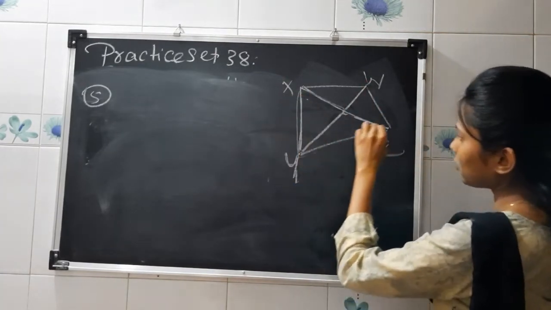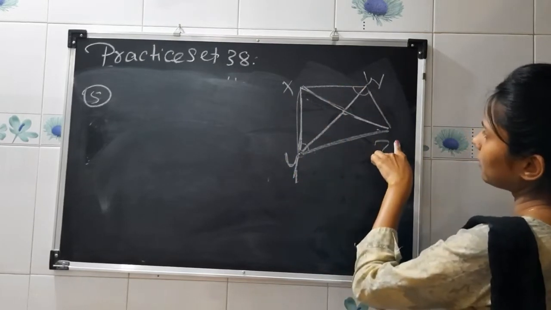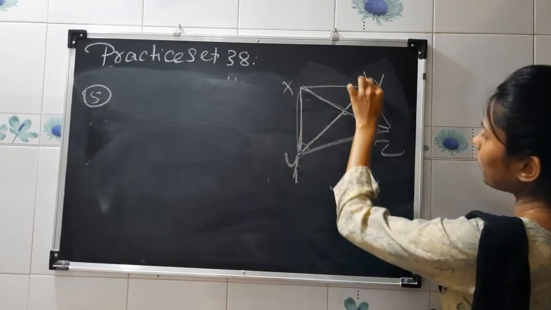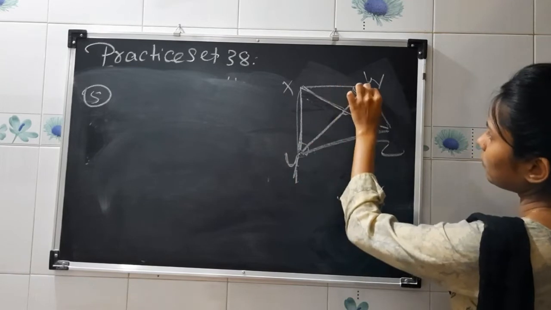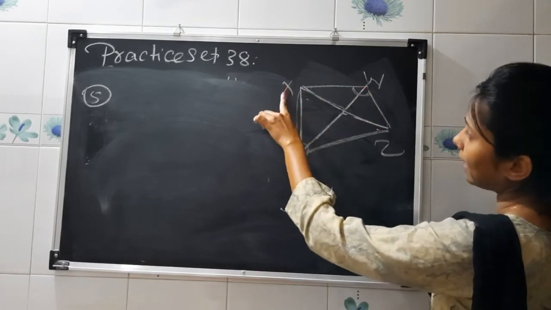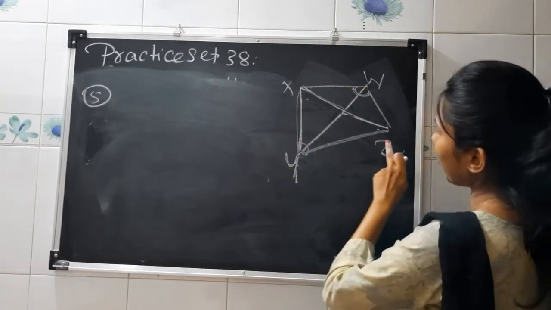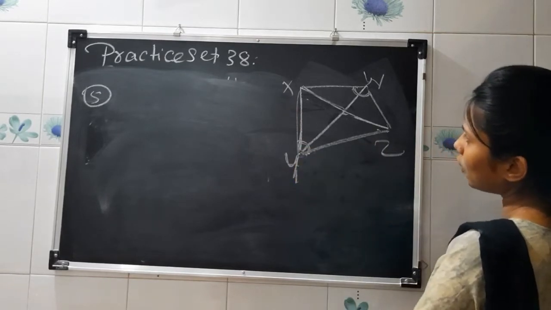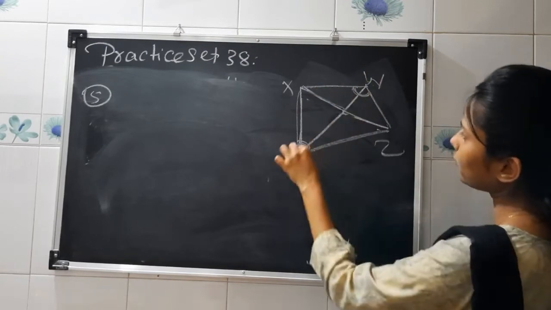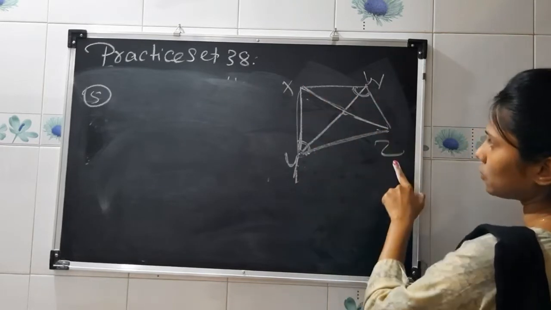See, this is angle XYZ and this is angle XWZ. So line WY joins the vertices of opposite angles. The vertex of angle XWZ is W and the vertex of angle XYZ is Y. So diagonal WY joins the vertices of opposite angles XYZ and XWZ.